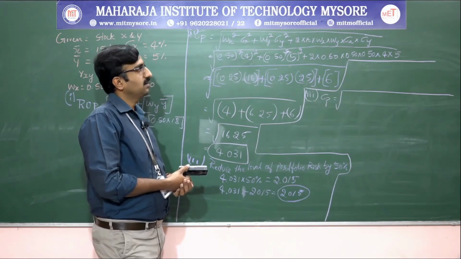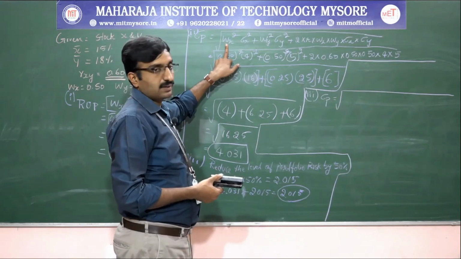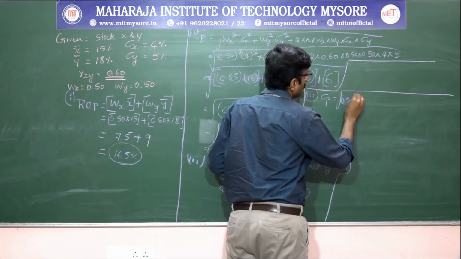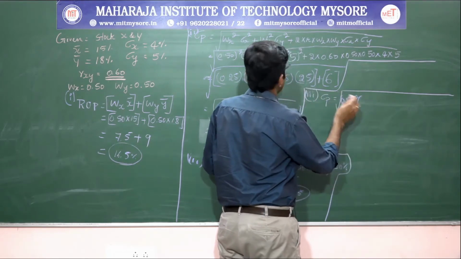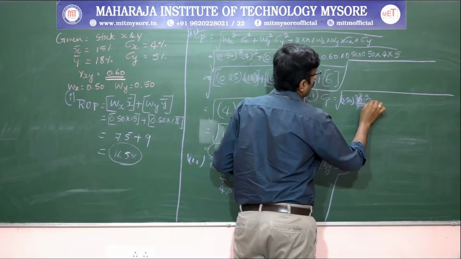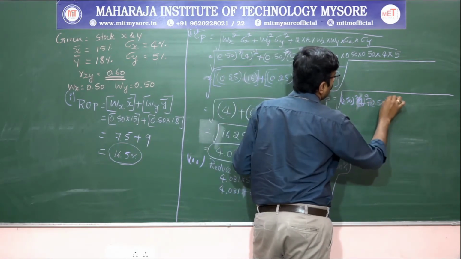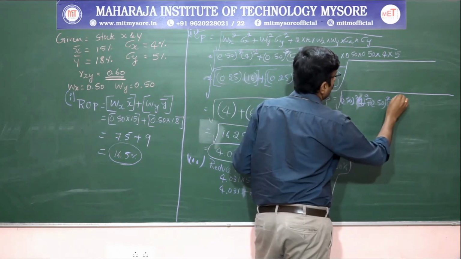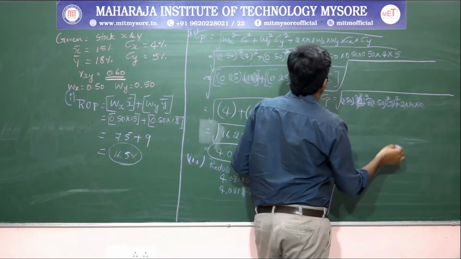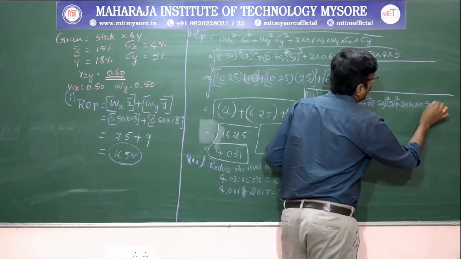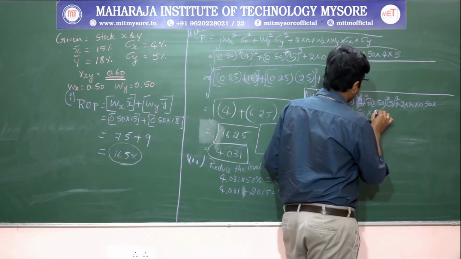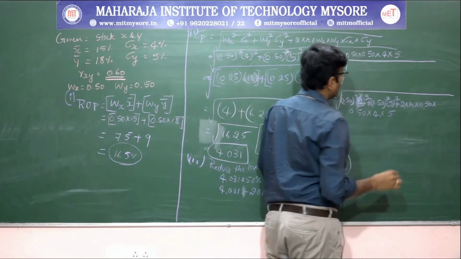Then take the values: weight of x as usual 0.50 square into standard deviation of x, 4 square, plus 0.50 square into 5 square, plus 2 into r, which we do not know and are supposed to find out, into 0.50 weight x into 0.50 weight y into standard deviation x 4, standard deviation y 5.